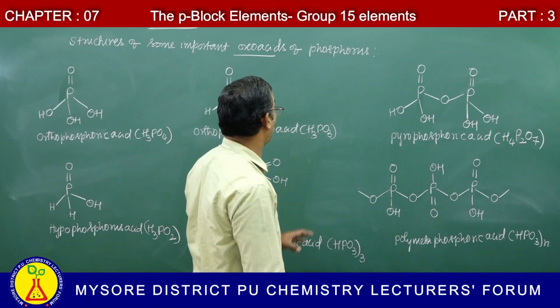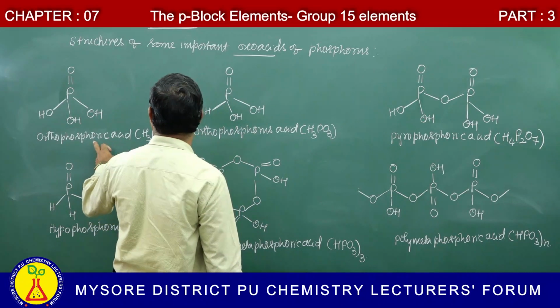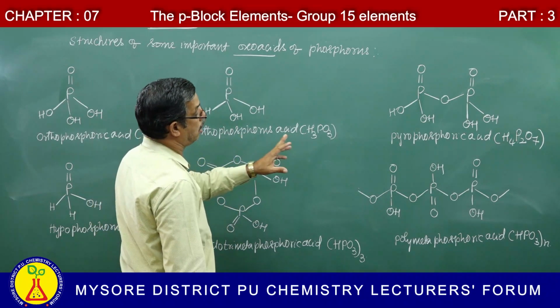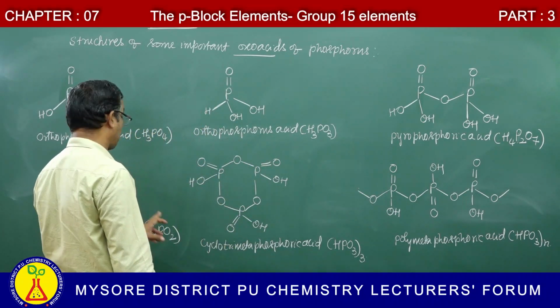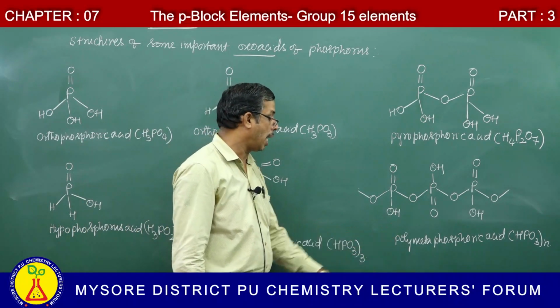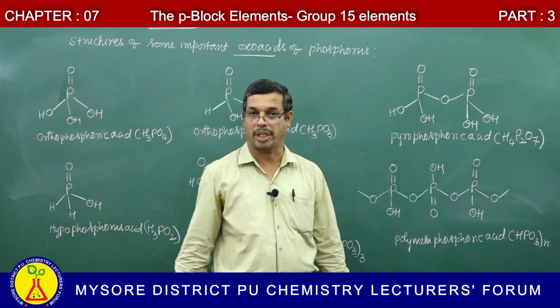So, this is all about the structures of orthophosphoric acid, orthophosphorus acid, pyrophosphoric acid, hypophosphorus acid, cyclotrimetaphosphoric acid and polymetaphosphoric acids. Okay.